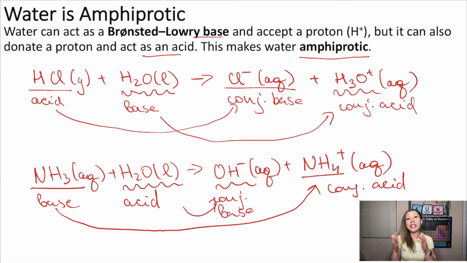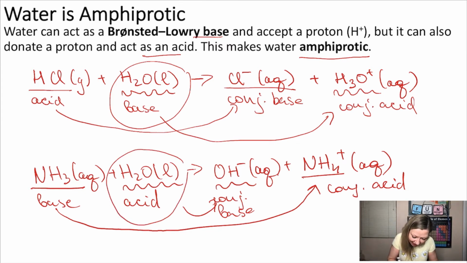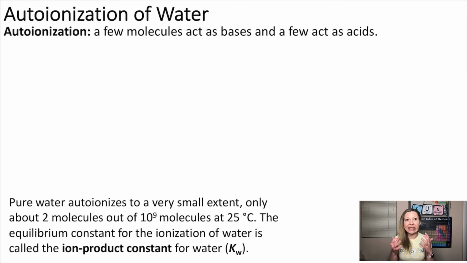So here it's visible that indeed water can act both as a base and accept a proton, and also act as an acid and donate a proton. Now, what's even more interesting about water is that it actually autoionizes. So this means that a few molecules act as bases and a few act as acids.